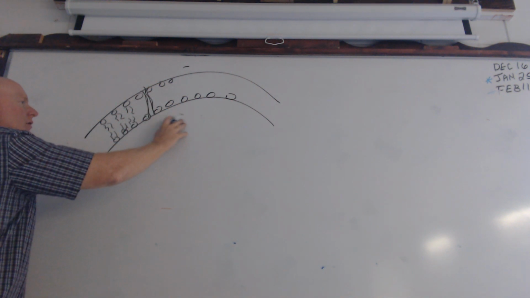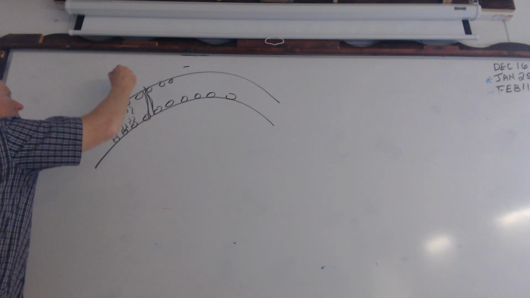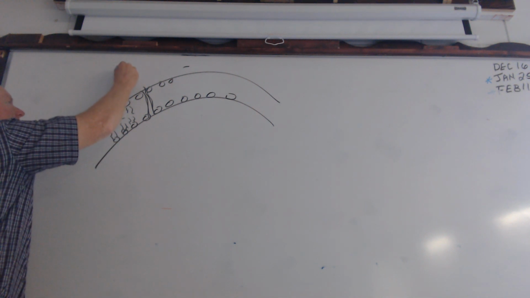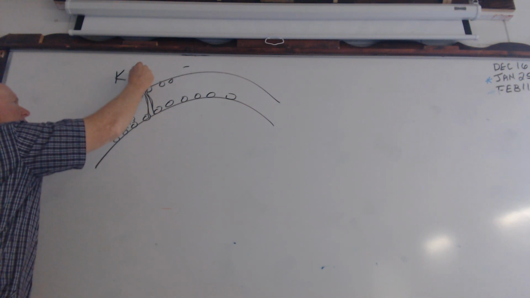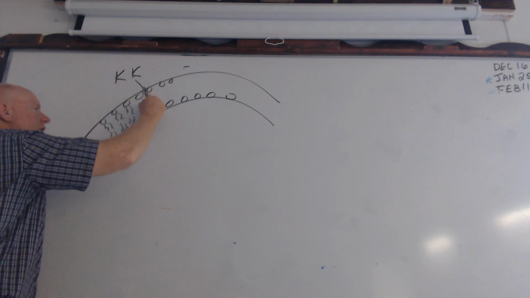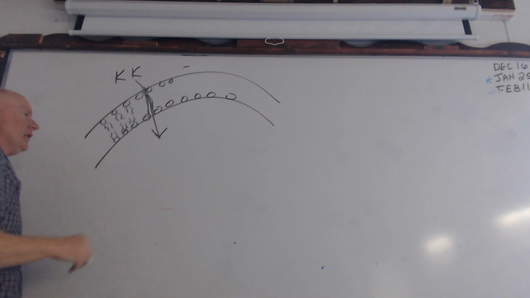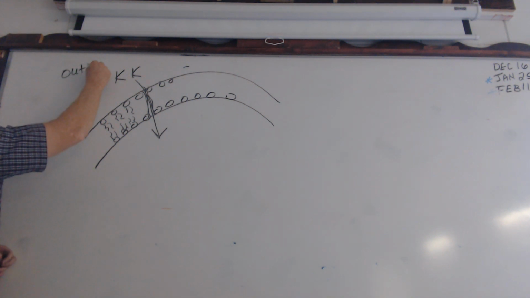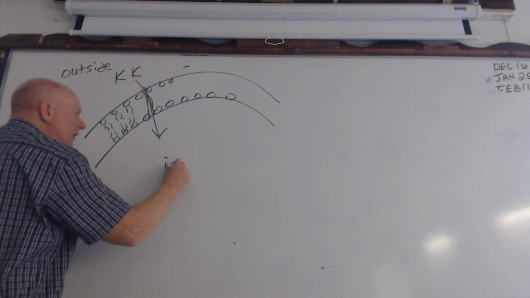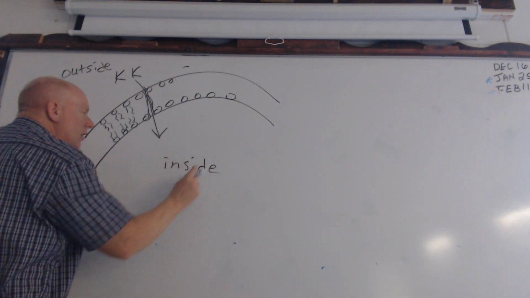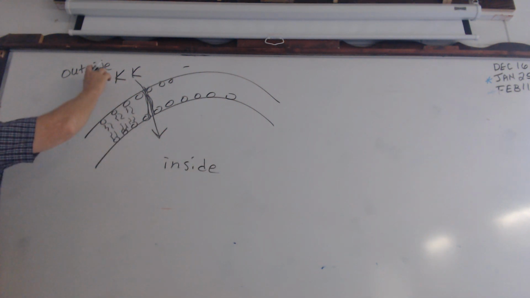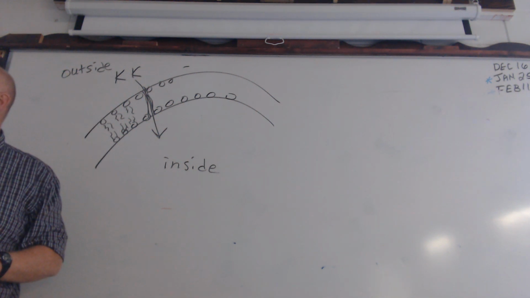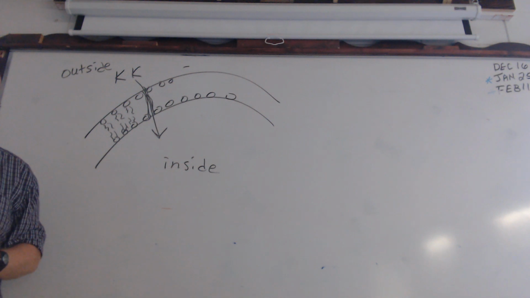Okay? So if there was some potassium out here, which there is, this diffuses across that membrane very easily. Okay? It's high outside, and this is inside the cell where it's low. So if it's low here and high out there, can that diffuse across that pretty easily? From high to low, yes.